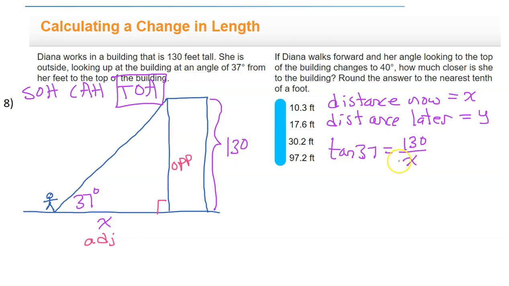When the variable is in the denominator, you swap these. So you're going to get x is equal to 130 over tangent 37. And this is something we can just put in our calculator.